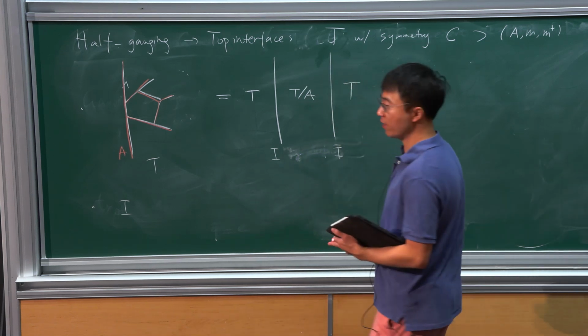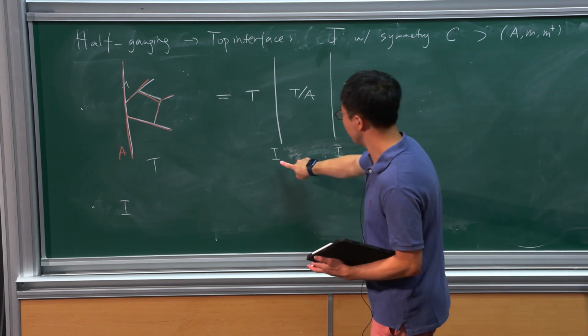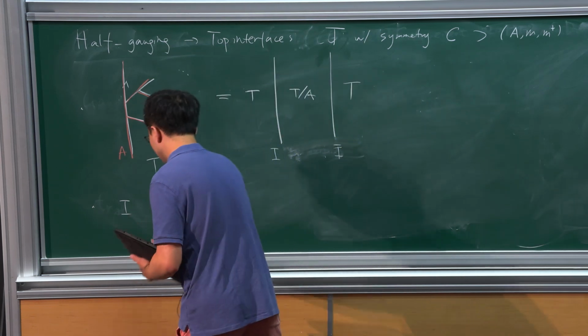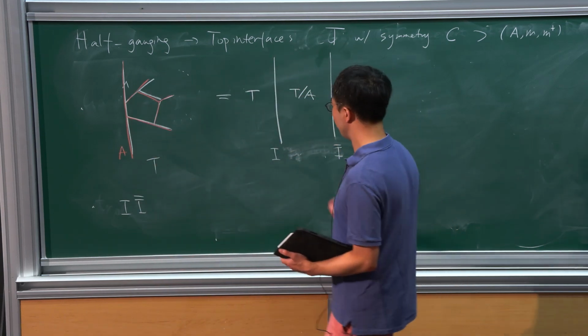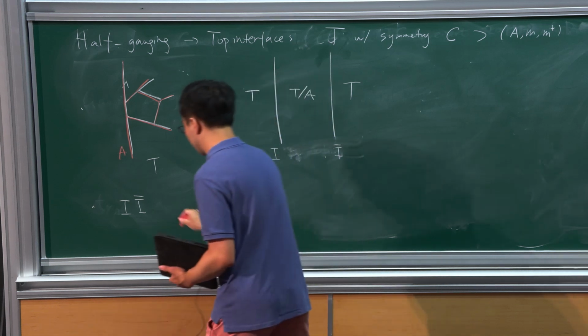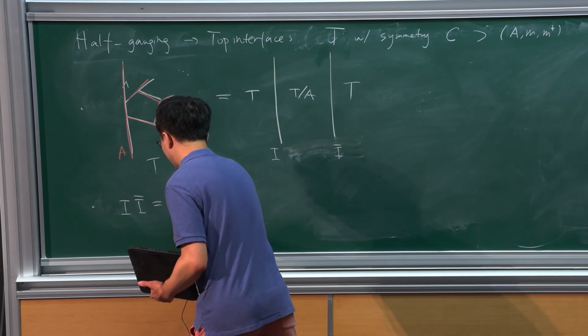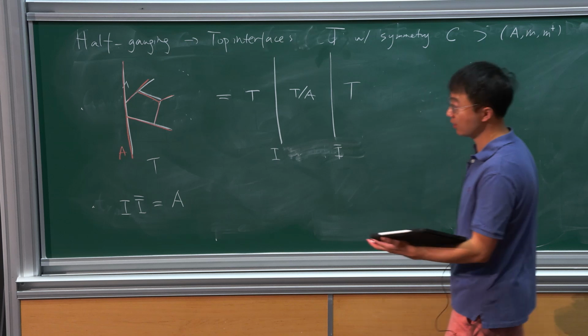It will be interfaced back to the original theory. By fusion of this I and its orientation reversal, you'll be doing essentially gauging A in the strip. In the limit where they are close, because they're topological and there's no cost in doing that, you recover the original algebra object A.